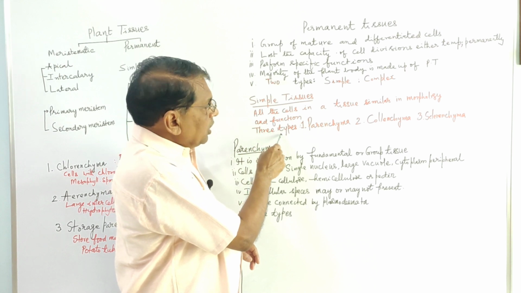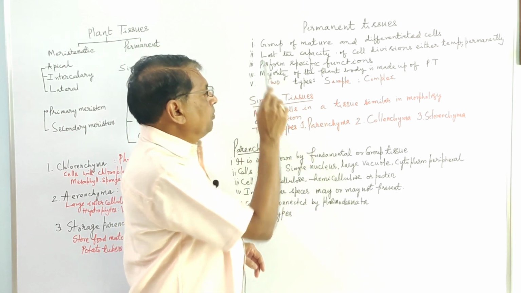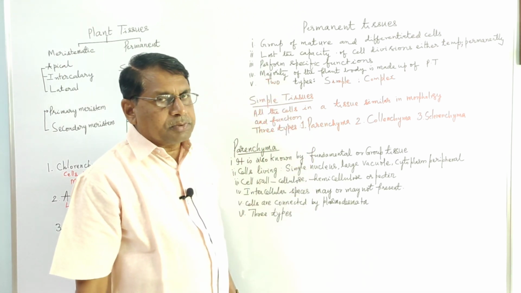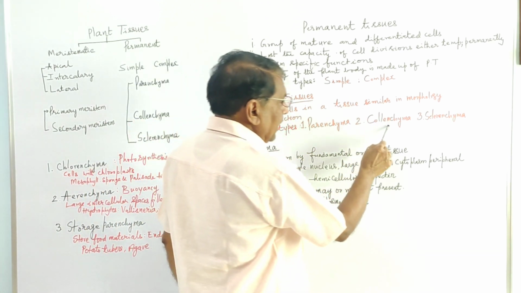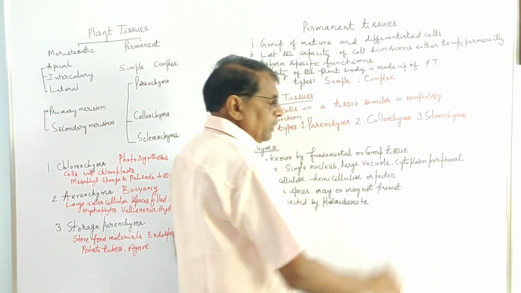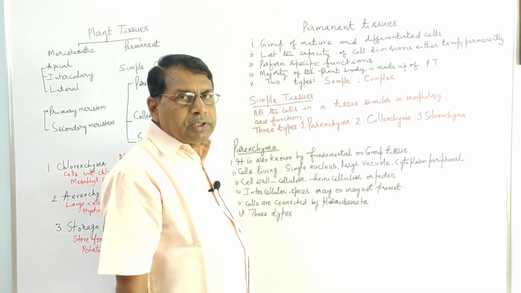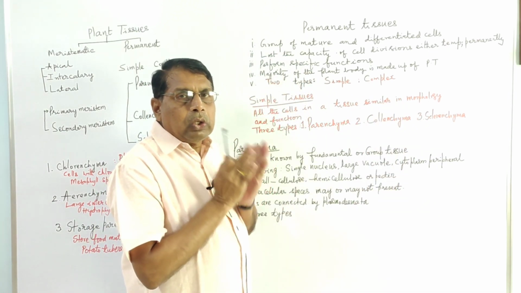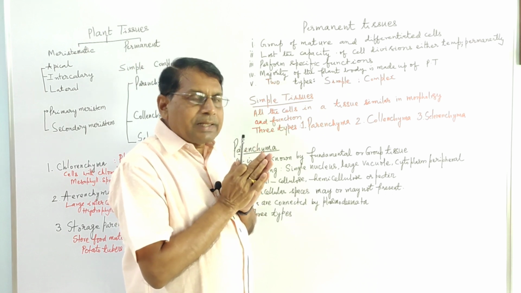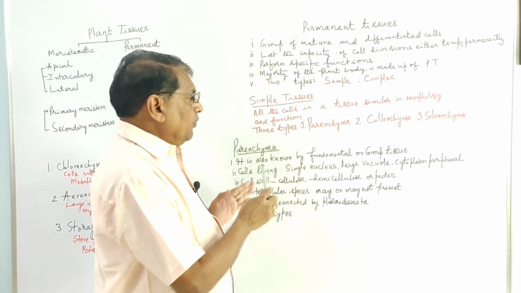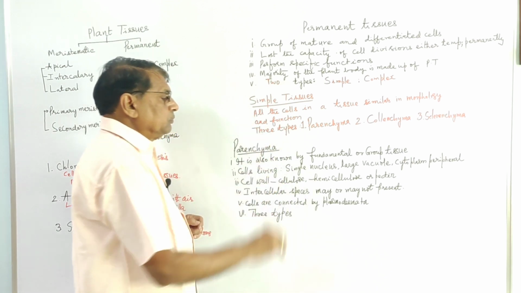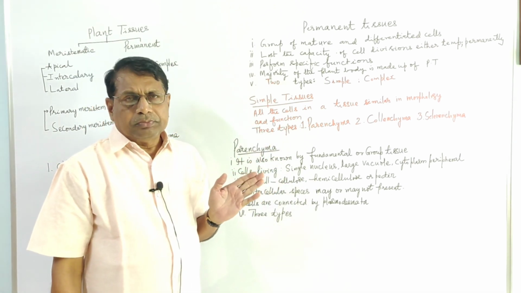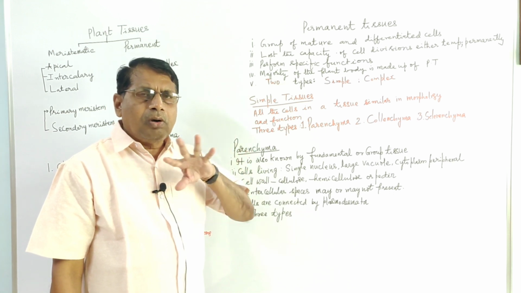There are three types of simple tissues: parenchyma, collenchyma, sclerenchyma. Once again, parenchyma, collenchyma, sclerenchyma. Now, first, if we take the parenchyma tissue, it is the most simple among all types of tissues.